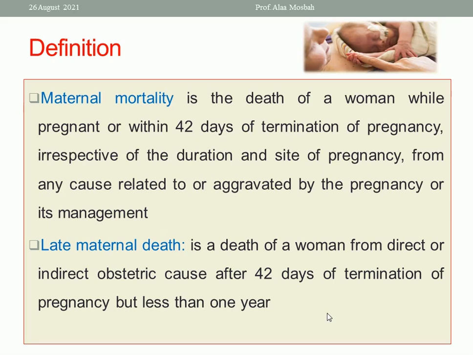That's why they call it late maternal death. So it is after the period of puerperium, which is 42 days postpartum, but less than 1 year. They call it late maternal death.